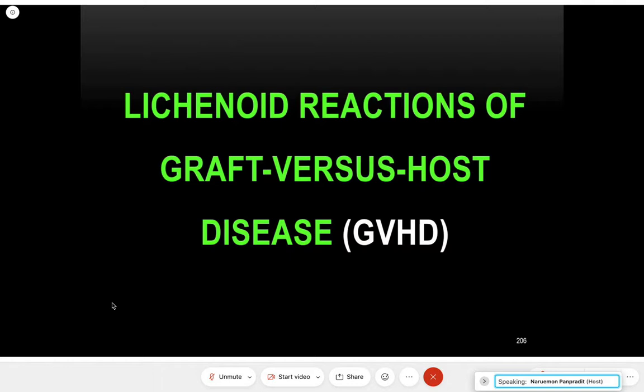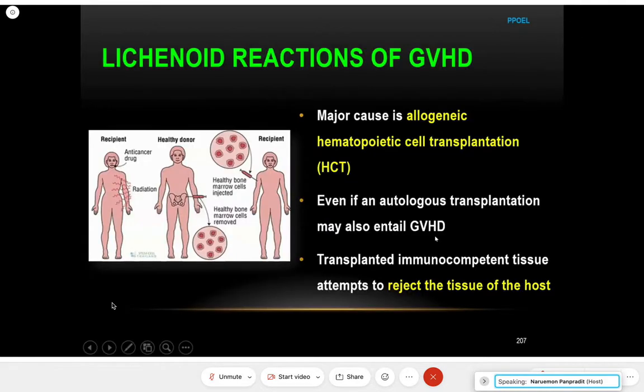Okay, the last group of the lichenoid lesion is a lichenoid reaction of graft versus host disease, or GVHD. This is rare to see in this group of lesions, because the patient must have had an allogeneic hematopoietic cell transplantation or HSCT. Because it is not common for patients to do this, it is rare to find this patient coming to you.